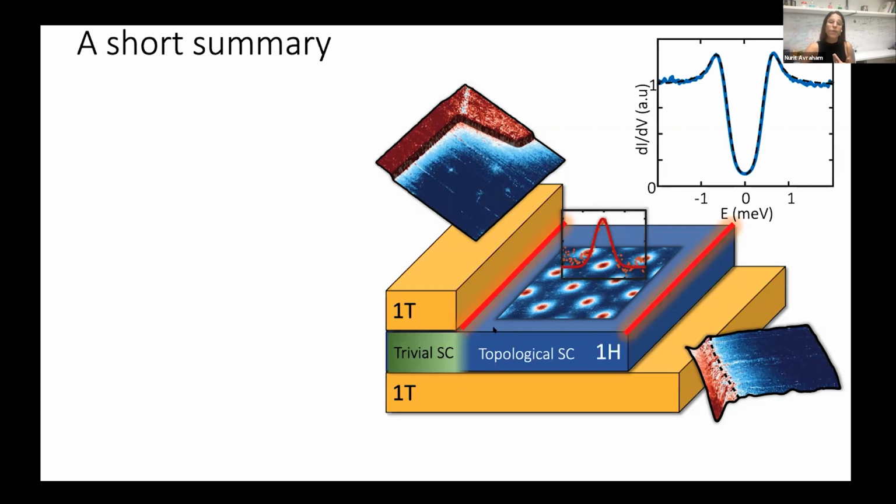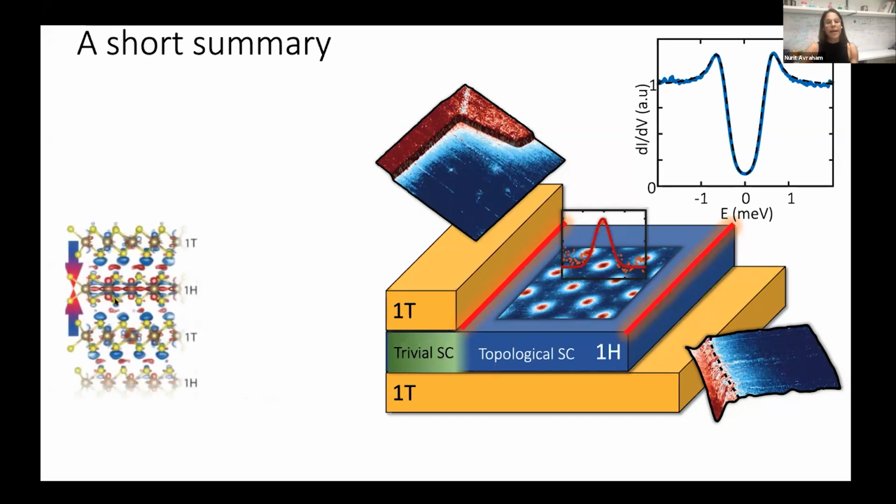We did some DFT calculations to understand the difference between these two regions, and it turns out that when we stack 1T and 1H layers, bringing them into proximity, due to the difference in work function, charge is transferred from the 1T to the 1H layer.